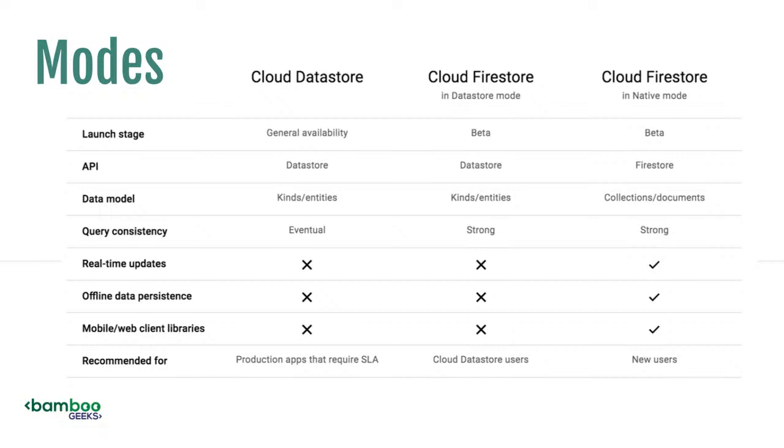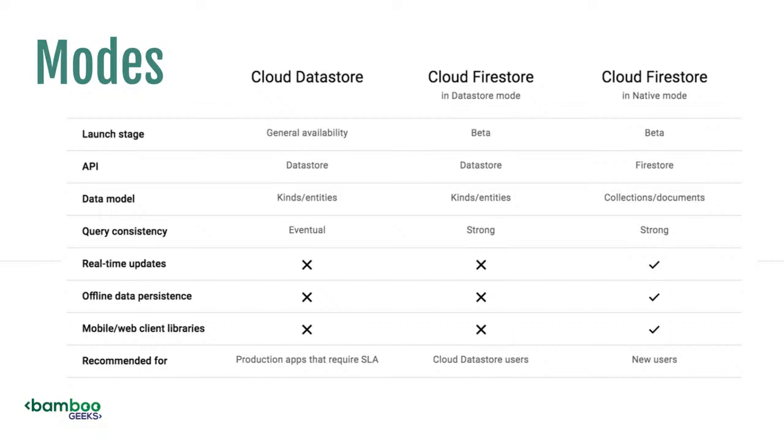They are always using Cloud Firestore in its native mode because it supports not the kinds and entities data model, but collections and documents. The document model is also inspired by kinds and entities, yes, but it's more consistent. It also supports real-time updates, which means very quick, zero-latency updates. It also supports offline data persistence.